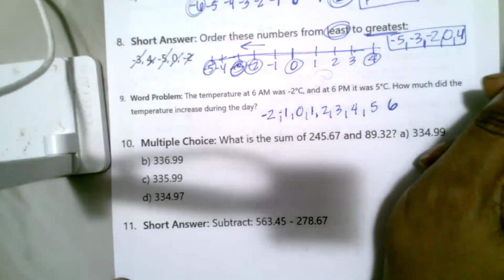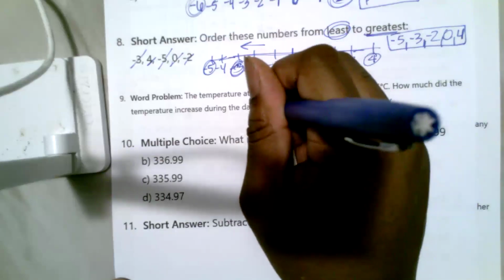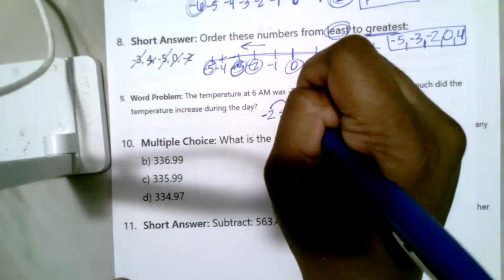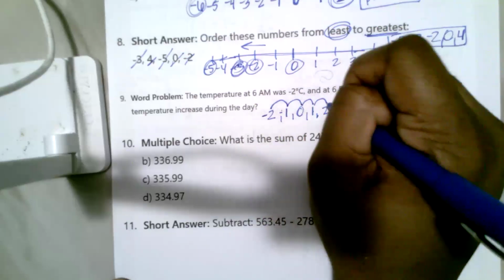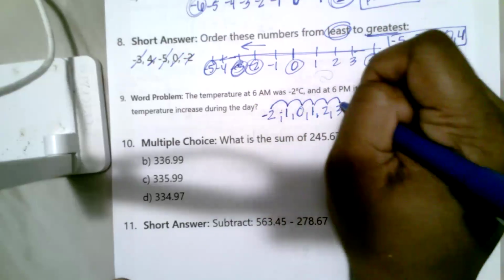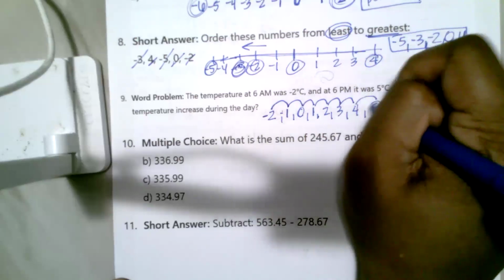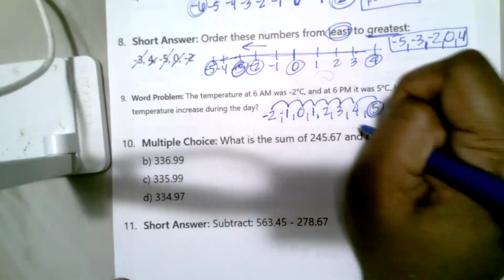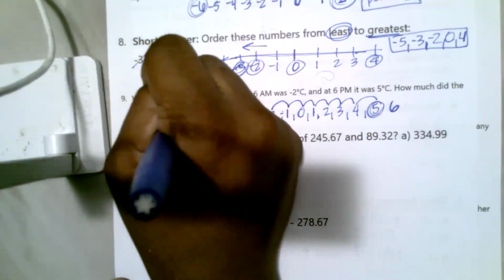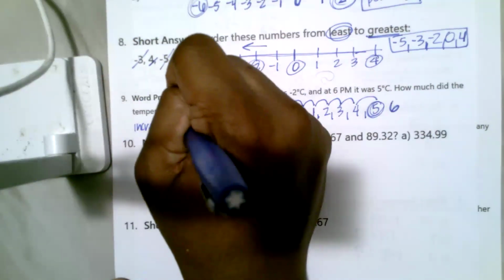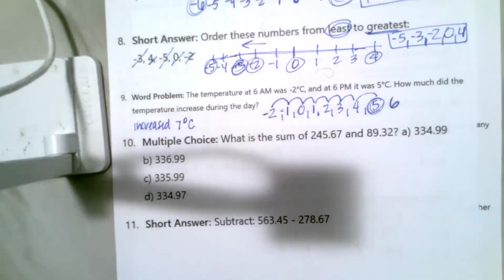So to get from negative 2, that's a plus 1 jump. 2, 3, 4, 5, 6, 7. So it increased 7 degrees Celsius.